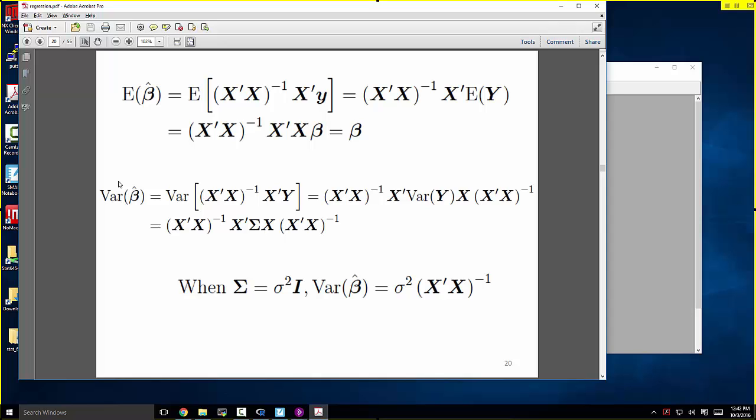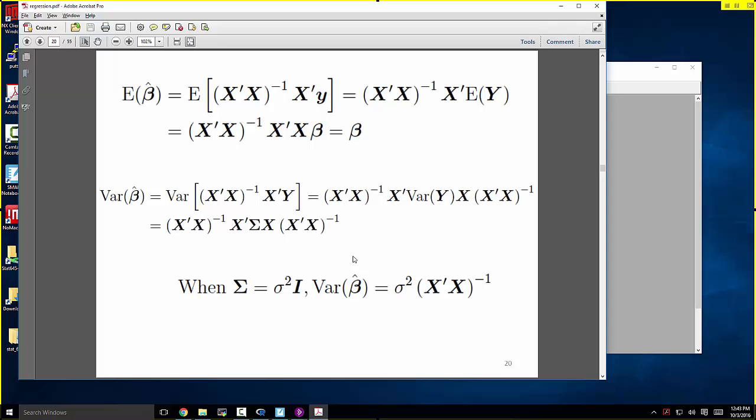And we saw that those estimates are unbiased. The expected value of beta hat, the vector, is equal to beta, the vector. We also saw that the variance of beta hat, which is going to give us standard errors or standard deviations that we need for inference, is itself a matrix.